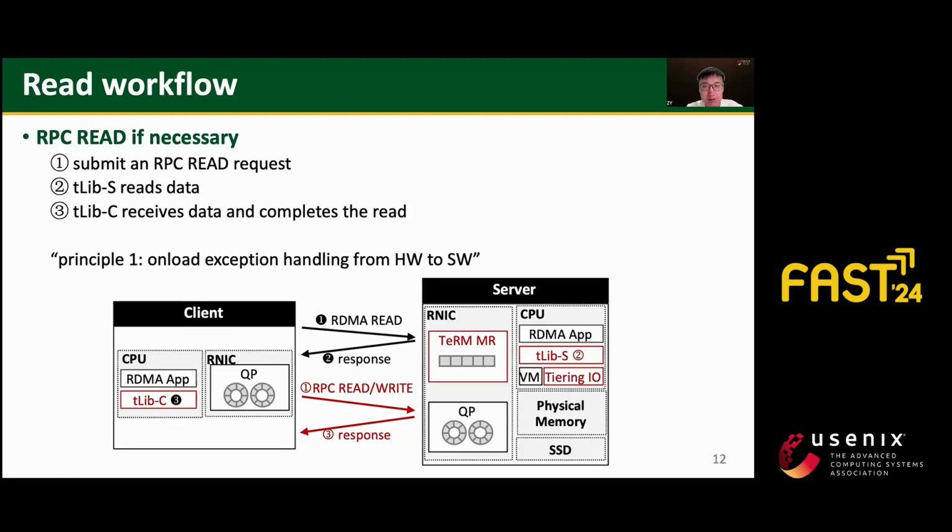Step 2. tlibs, the server-side shared library of TeRM, processes the RPC read request, reads data, and returns it to the client. Step 3. tlibc receives the data and completes the read request to the application. In this way, TeRM serves a remote memory read request, no matter the virtual page is mapped or not mapped in the RNIC page table.